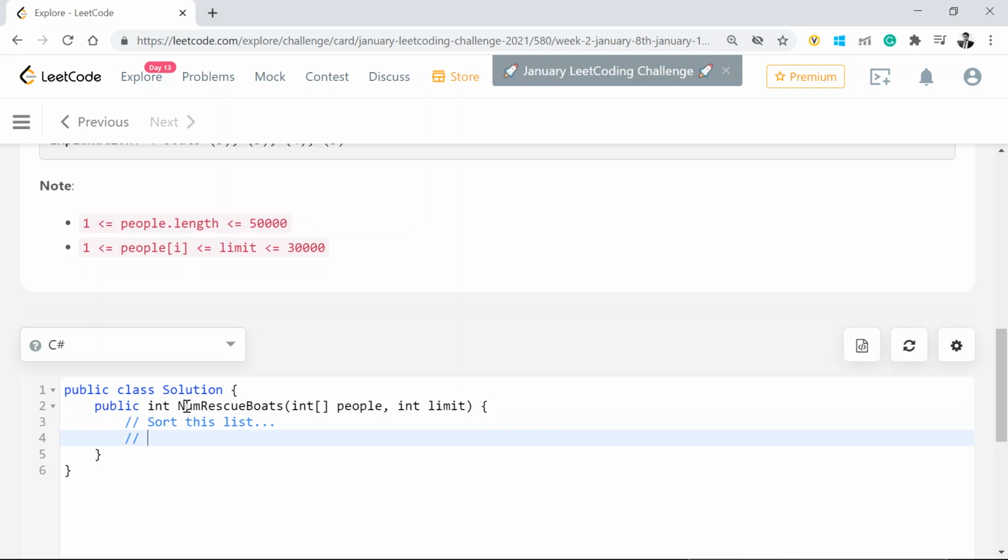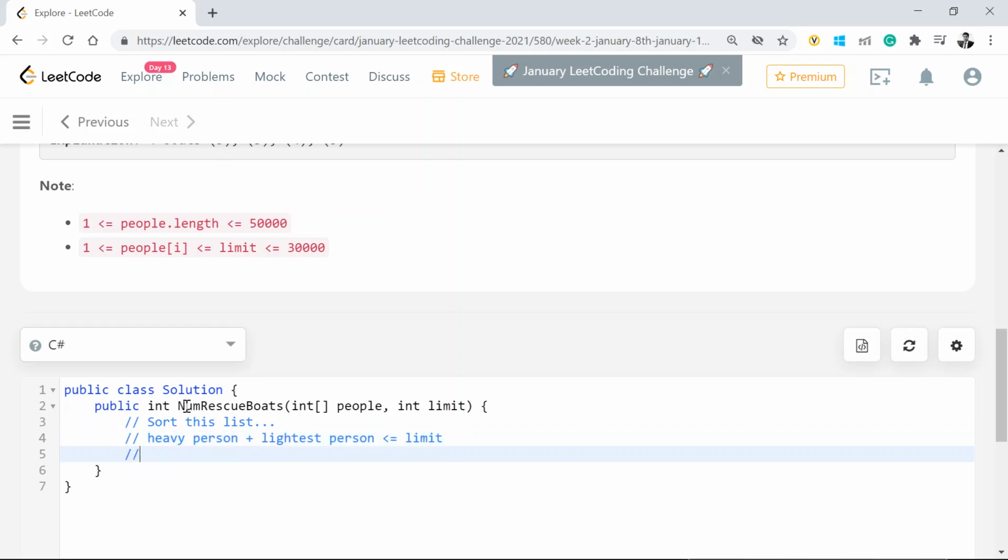Once I sort it, I'll see if my heaviest person added to the lightest person who has not yet traveled across is within the limit. If it is, then that will be one boat. If not, then this heavy person will go in the boat alone. It's that straightforward.